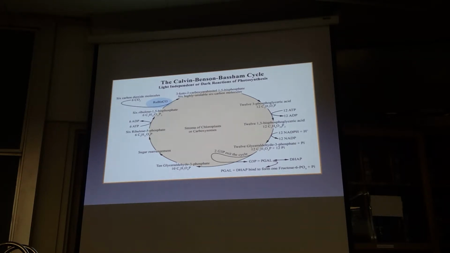Both of those are 6-carbon compounds. Apparently what really comes off of the Calvin-Benson-Bassham cycle are 3-carbon compounds. But then 3-carbon compounds can be put together to make 6-carbon compounds, and those can be put together to form polysaccharides, etc. So this is kind of the beginning of the building process.